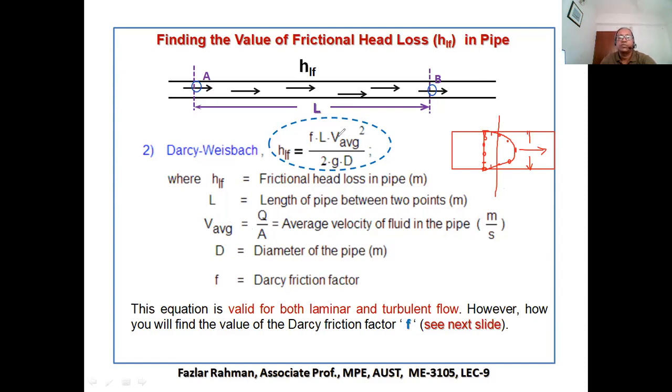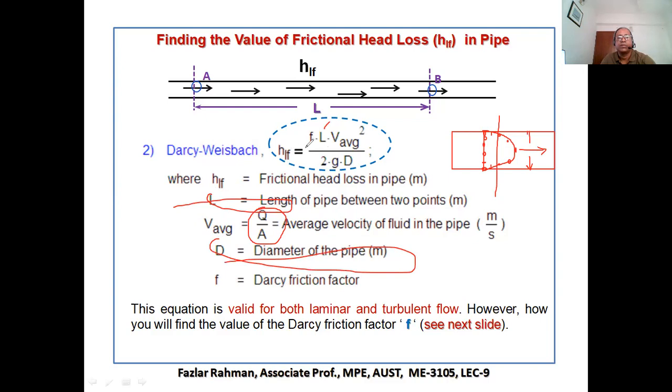So this is the Darcy-Weisbach equation. You see L is the distance between 2 points. Why do we like to figure out the head loss or length of the pipe? V average is the velocity of the fluid inside the pipe, equal to Q by A. L is the length of the pipe in meters, and D is the diameter of the pipe.